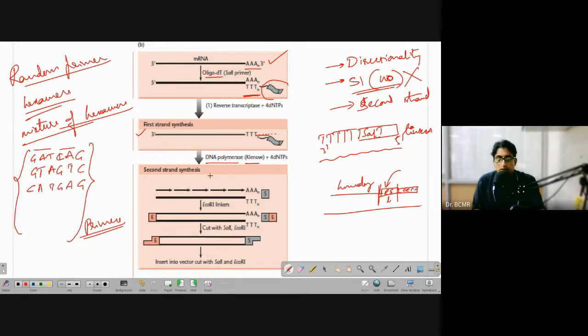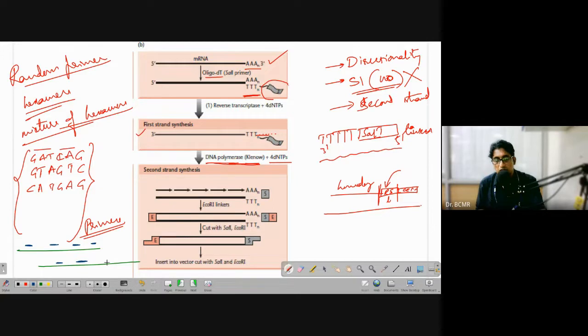So we add the random primers and then add Klenow fragment, which does not have the 5' to 3' exonuclease activity, and the dNTPs. Say this is one mRNA and this is another mRNA, and each of these mRNAs has a sequence. Different primers can bind the mRNA at different locations like this.